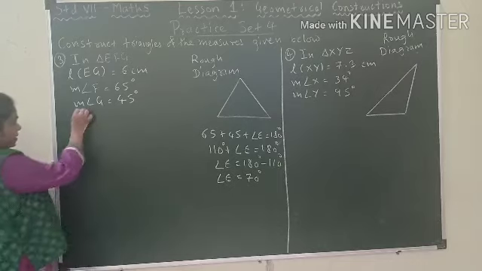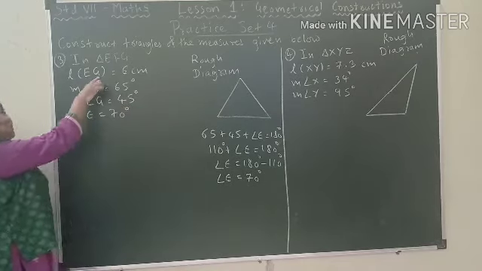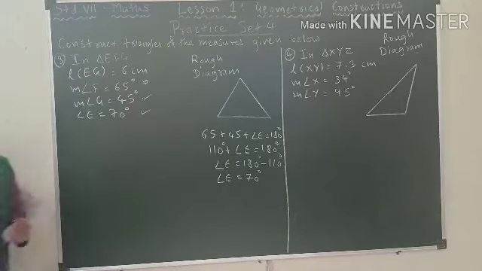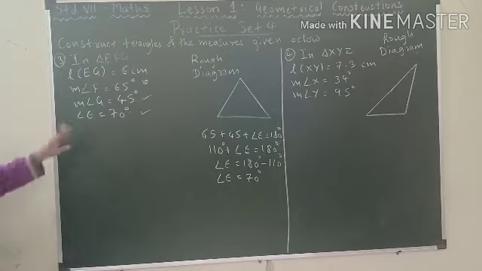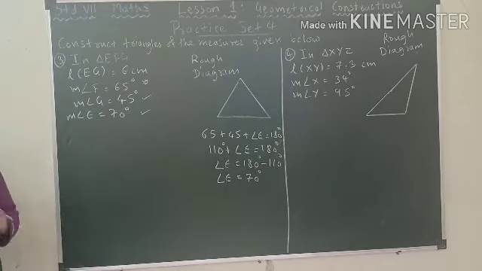So I'll write angle E, because for EG, I will need G and I will need E. I won't need this. Now I can make my triangle.